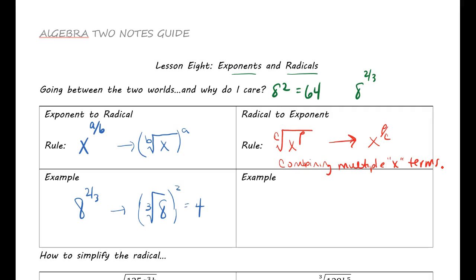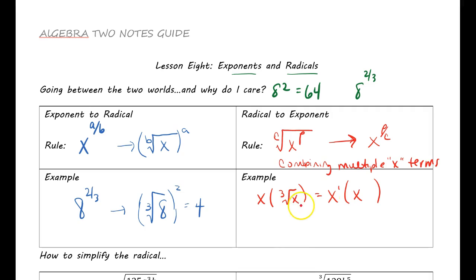If somebody asked me to do x times the cubed root of x, and I was like, what? How do I even work that out? If I saw that and had to simplify, that x is still an x, it's just to the first power. But in the parentheses, I would rewrite that to make it a possible problem to put them together. The x is underneath the radical, so it's the base.